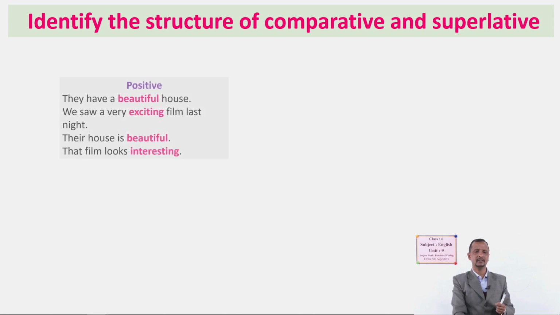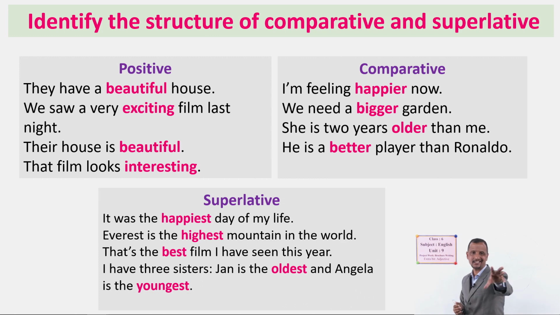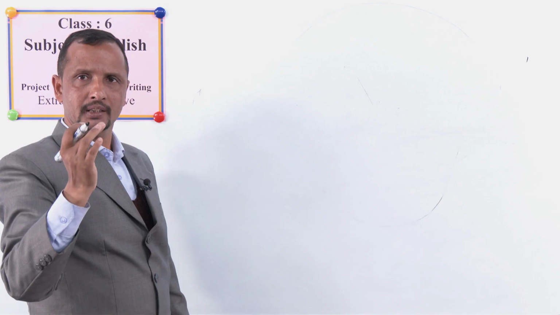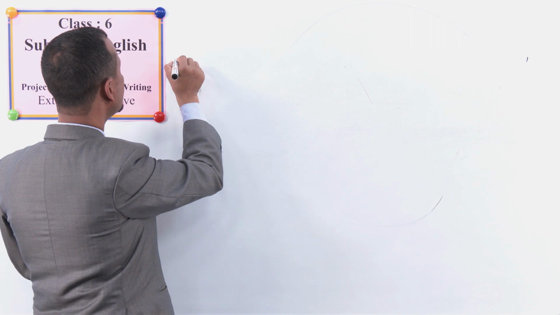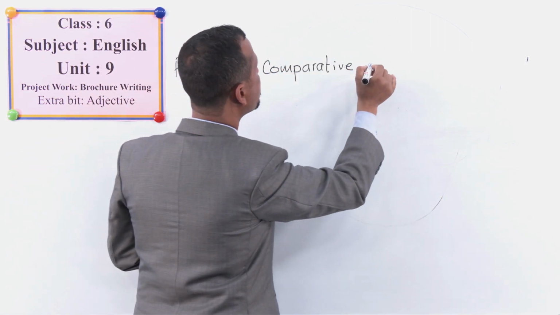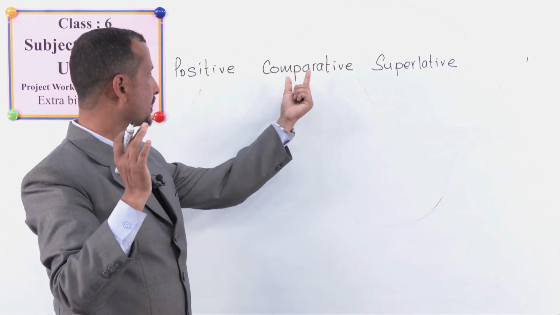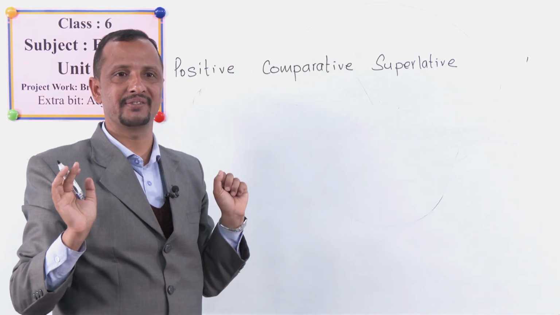You read these sentences earlier. Now, what are the forms of adjective you found out here? Let's see. Number 1, positive. Number 2, comparative, and superlative. Yes? Positive, comparative, superlative, we know.